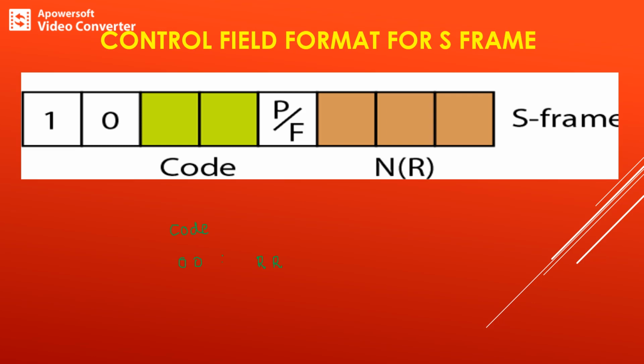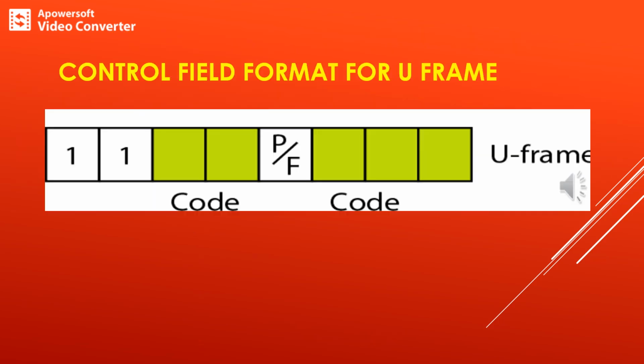If it is 1,0, the receiver is not ready to receive the data. If it is 0,1, reject. If it is 1,1, selective reject.